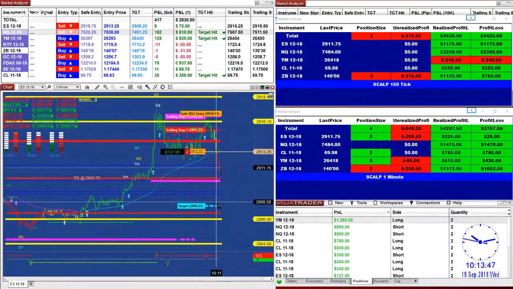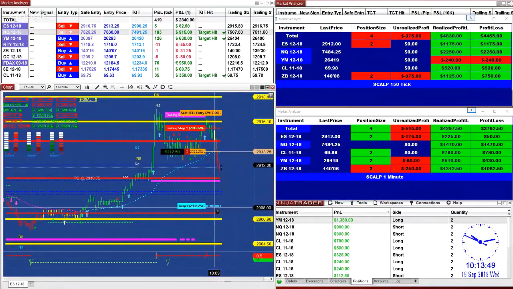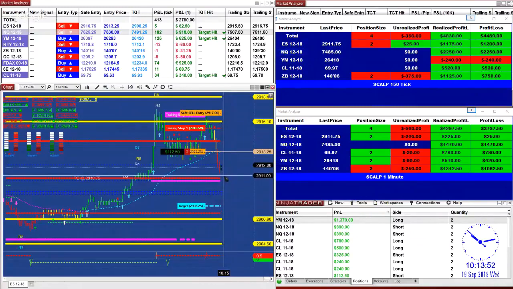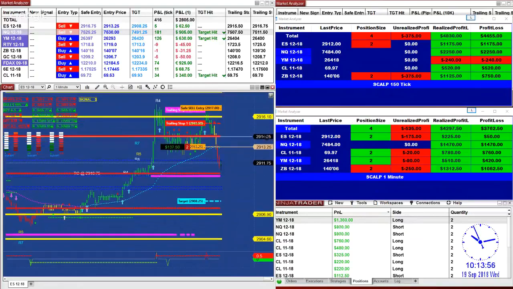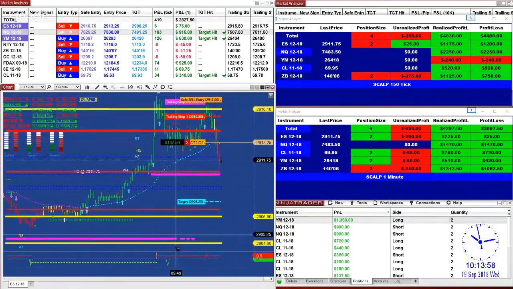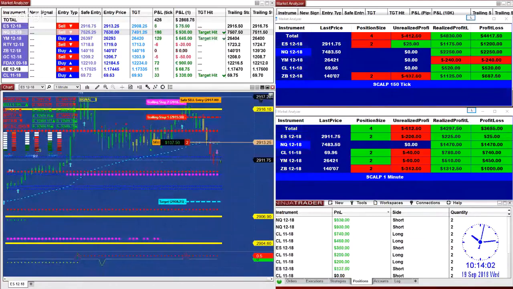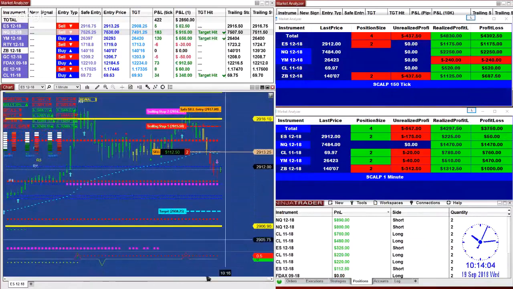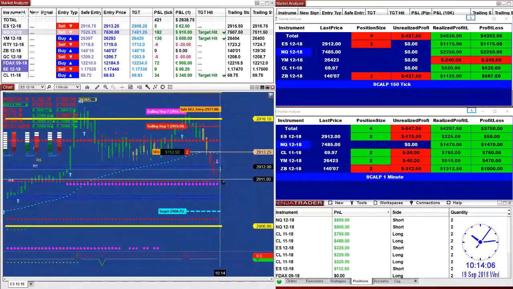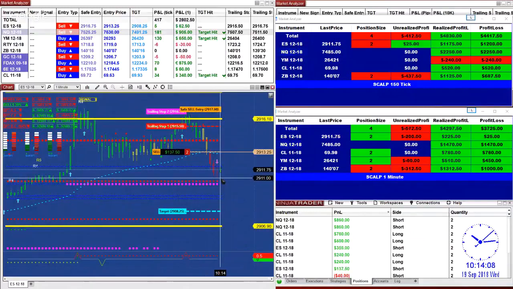If you're trying to grab all the way down here, you see how this market came into 29.11. That is going to pull back, and we know that. We called it 10 minutes ago. We told you to be careful. Now, if you close that trade here, it's very fine on the ES.